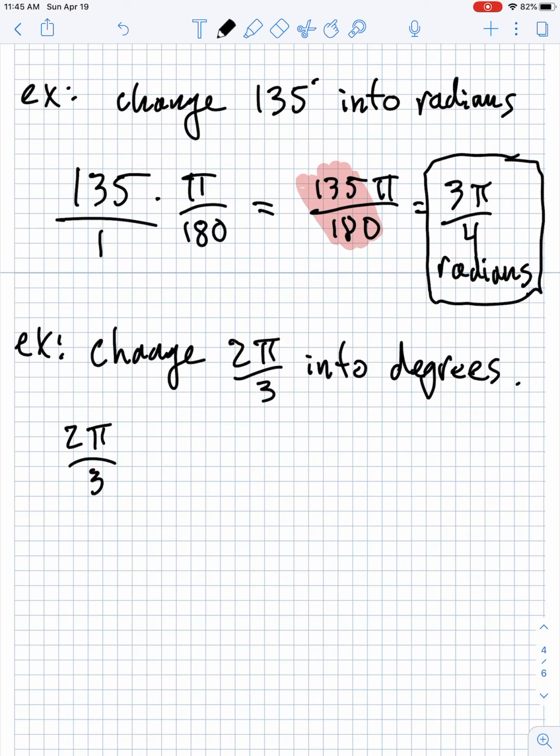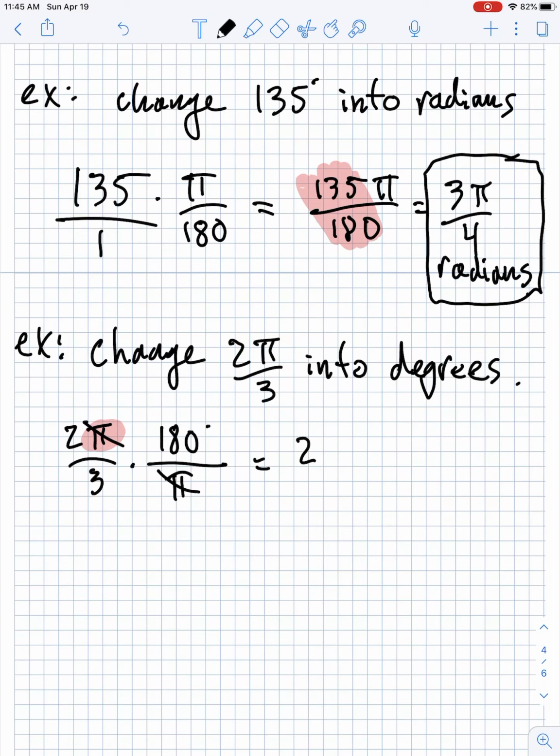I always think that if you're trying to change radians into degrees, degrees usually don't have a pi in them, and radians usually have a pi in them. So if we are going to cancel out that pi to turn it into degrees, then I'm going to need the one that has the pi in the denominator. So it's 180 over pi, because then the pi's go away.